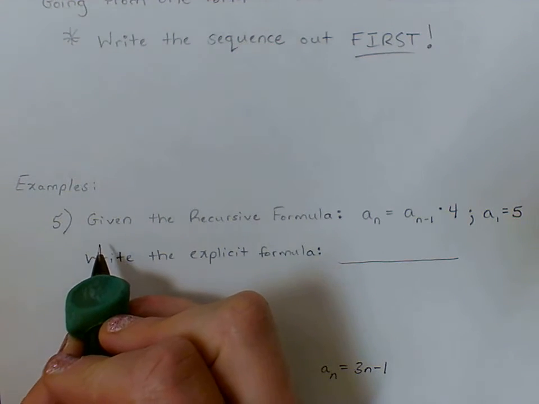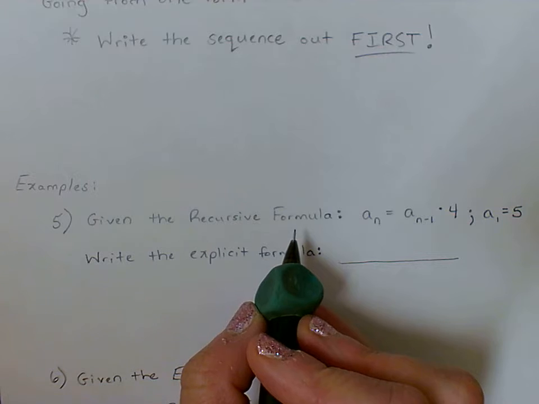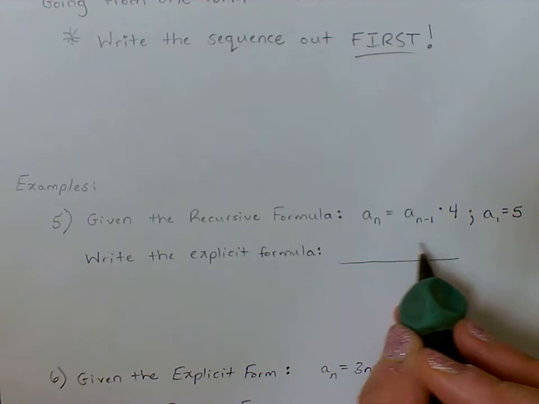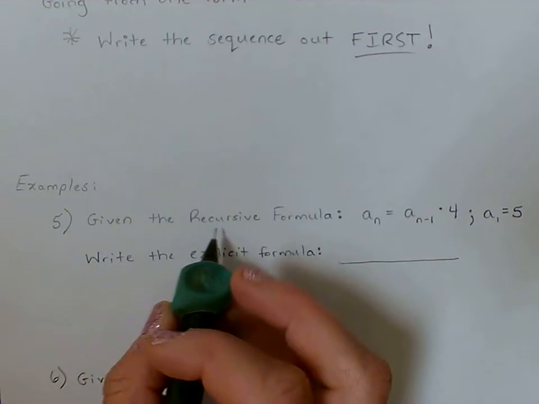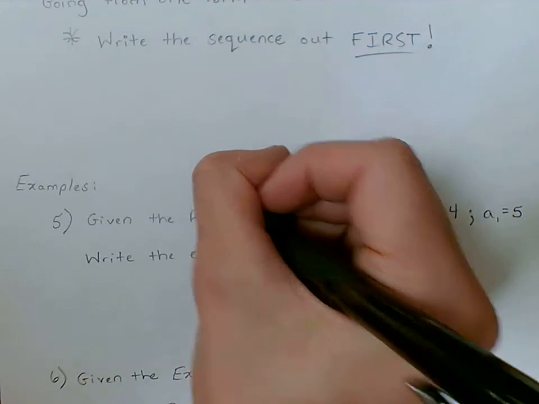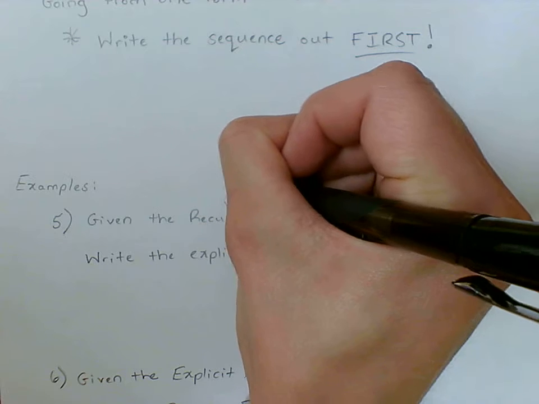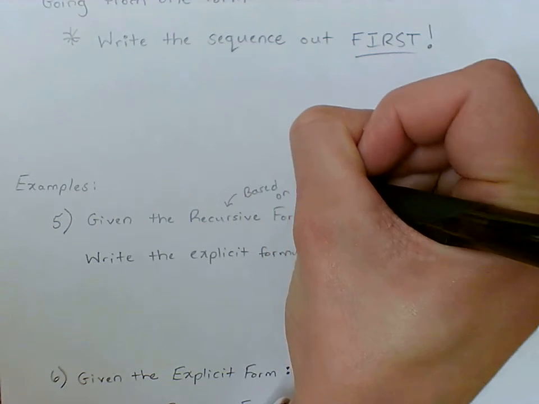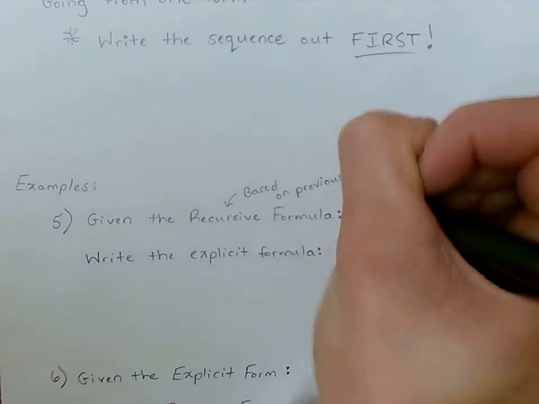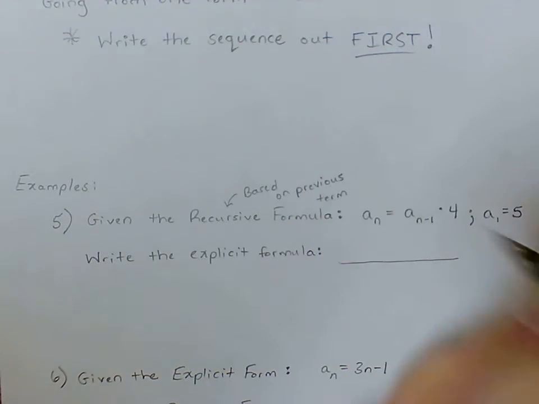So with number 5, it says, given the recursive form, and we'll review that, you have to write the explicit form. Remember, recursive form is based on the previous term. It's going to tell you what to do to the previous term to get to the next term.